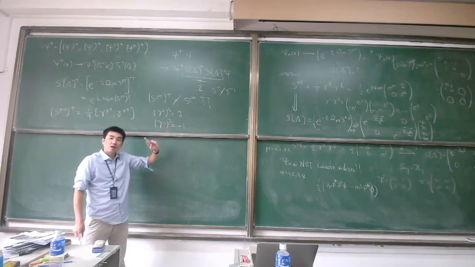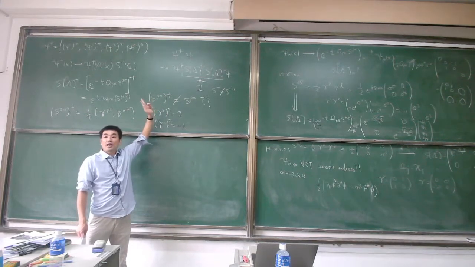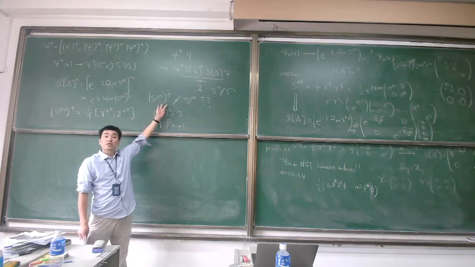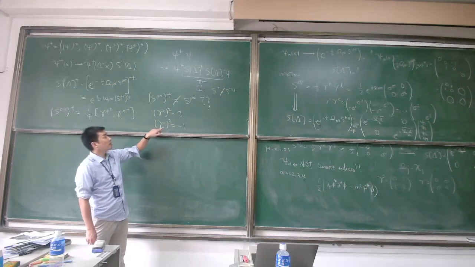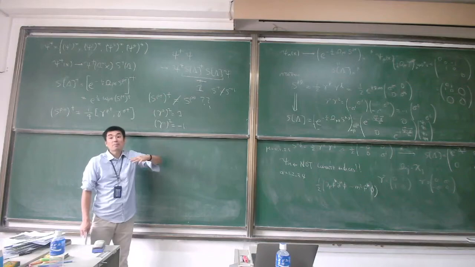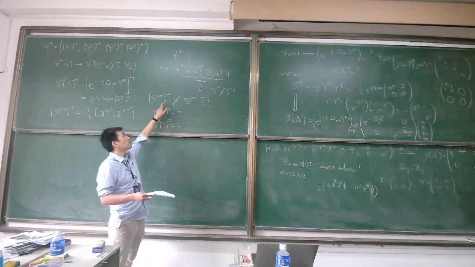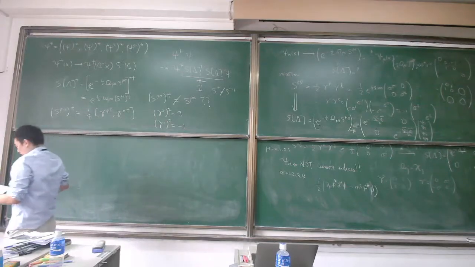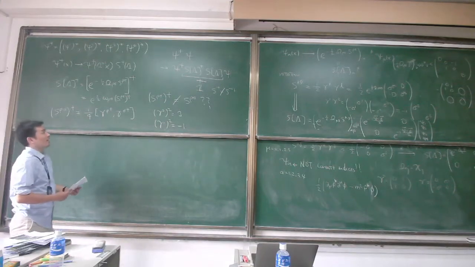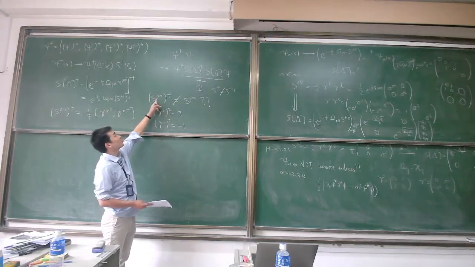If you take a combination of gamma 0 and gamma i, the eigenvalues become purely imaginary. On the other hand, if you take both spatial parts, the eigenvalues are purely real. So what we need to compensate for is the combination of gamma 0 and gamma i.